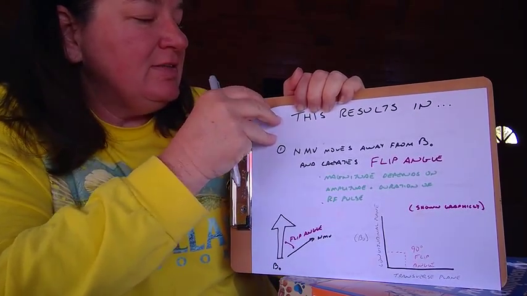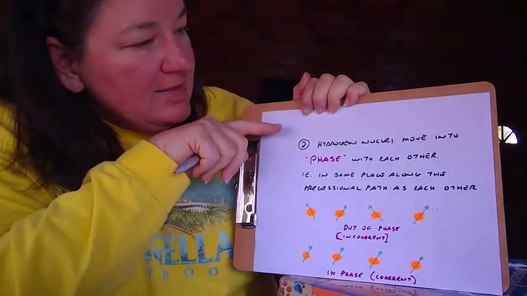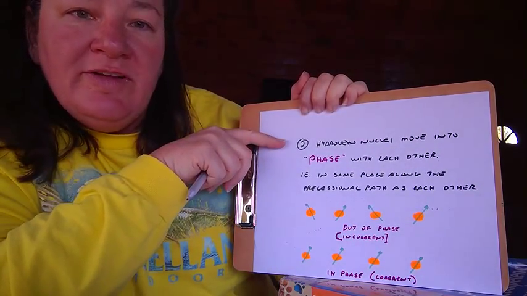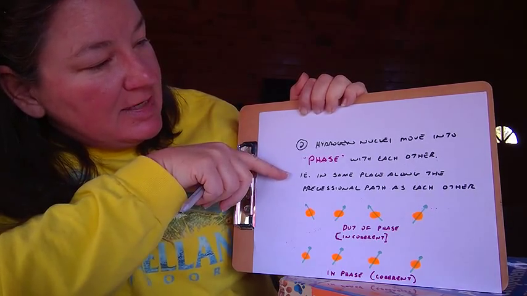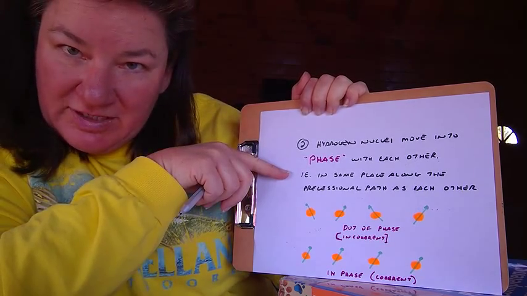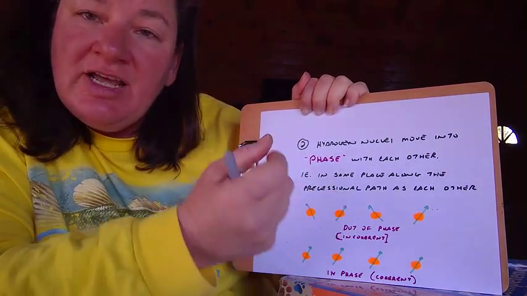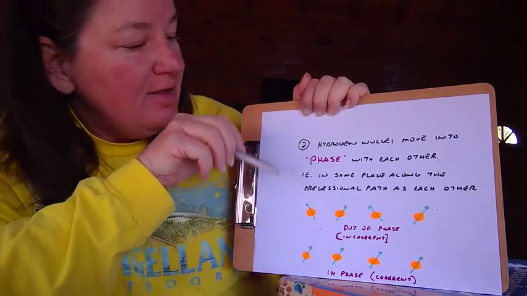The second thing that resonance can cause, which helps us to get a signal, is the hydrogen nuclei move into phase with each other. What that means is they are in the same place along the precessional path. Remember the precessional path with our orange and the little dots that created that circle? That's the precessional path.